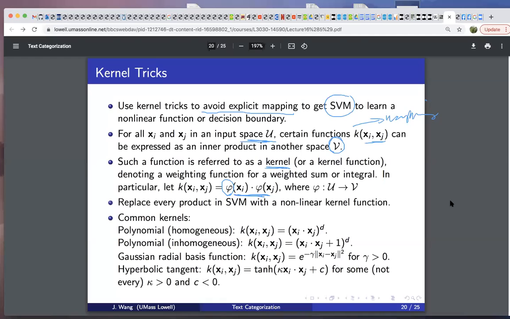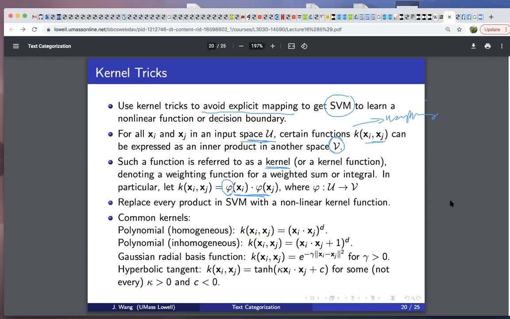Once we have this, we can simply replace every product in SVM with a nonlinear kernel function. We have a linear product in your SVM optimization problem, and we are going to replace those with this kernel function.